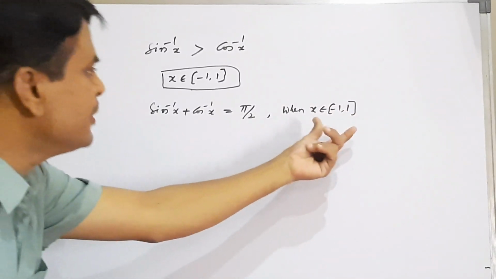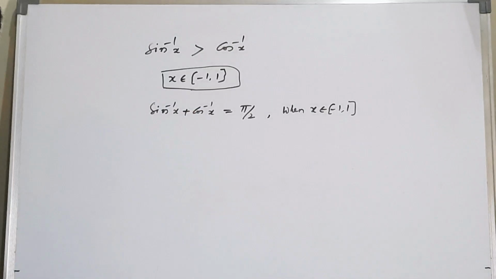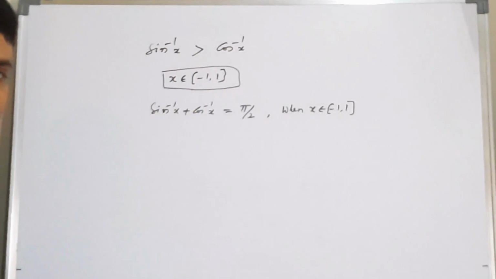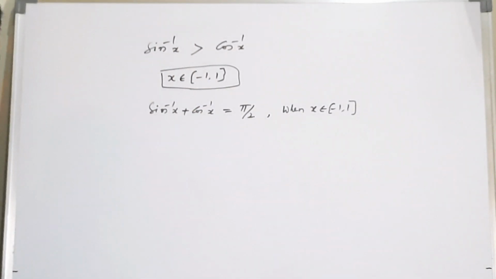Means in this interval sin inverse x plus cos inverse x is always equal to pi by 2. Now by using this identity, we are able to solve this inequality in a mathematical way.